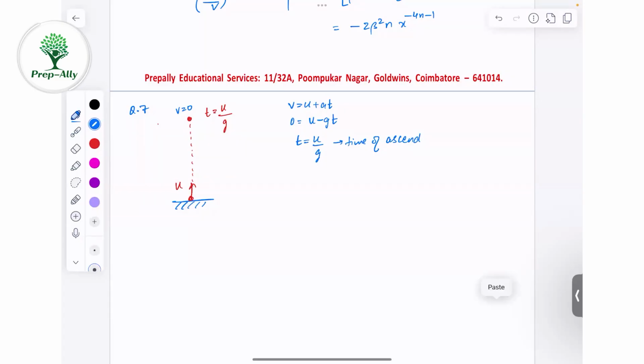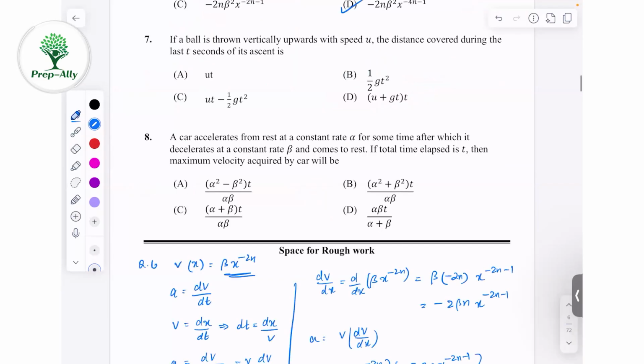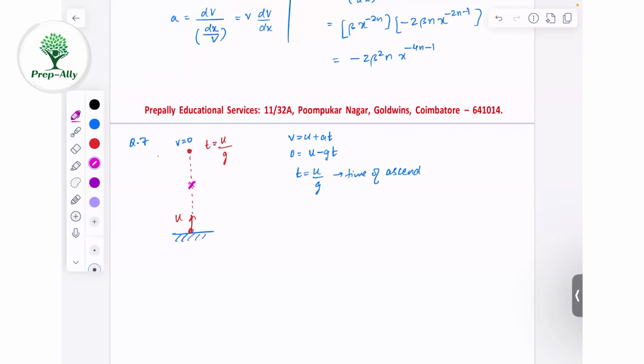Now, the question asks what is the distance covered by the body during the last t seconds. Last t seconds means the body is now somewhere here, and from here to here. Let's keep this as time of ascent.